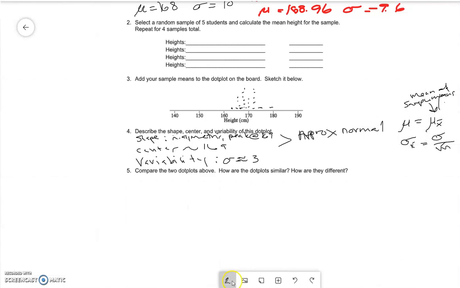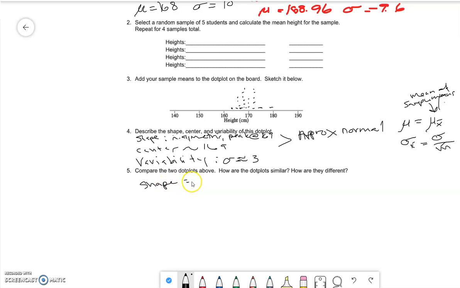So, lastly, we've got to compare our two dot plots. Well, the shape is similar: it is symmetric, peak at 169, approximately normal.